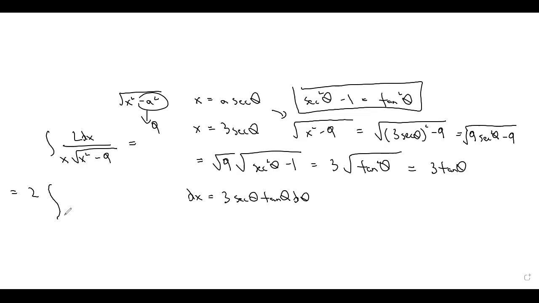So dx on top is 3 secant theta tan theta d theta. On the bottom, we have an x. That's just 3 secant, our original substitution. And then the whole square root part, like I said, we figured that whole part out. That's 3 tan theta.